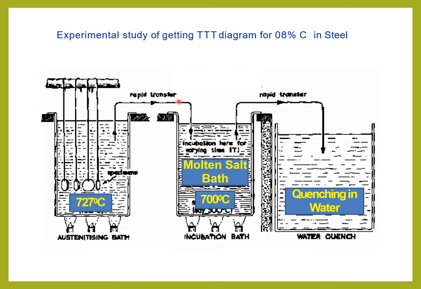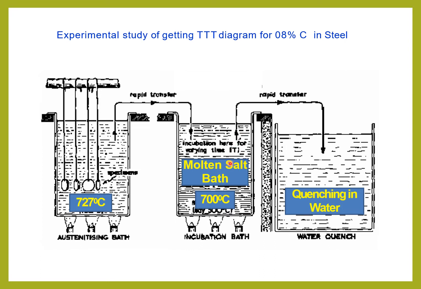We keep the first sample there for some time, then we take the second sample and keep it there. Going one by one, during this salt bath quenching some of the samples convert from austenite to pearlite, but some samples still do not convert into pearlite.